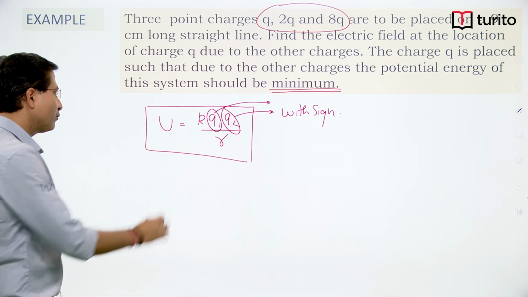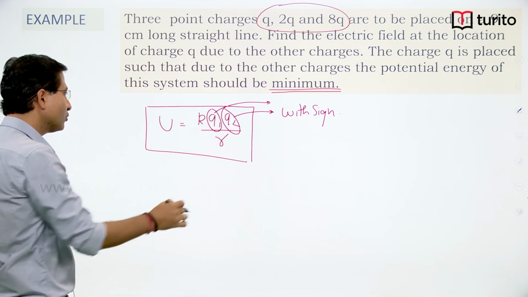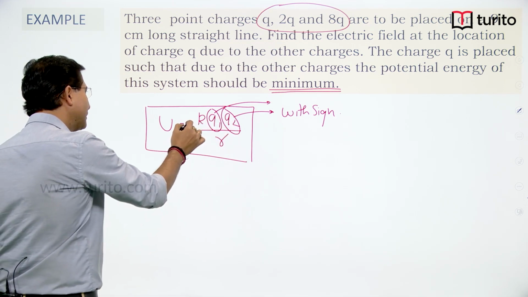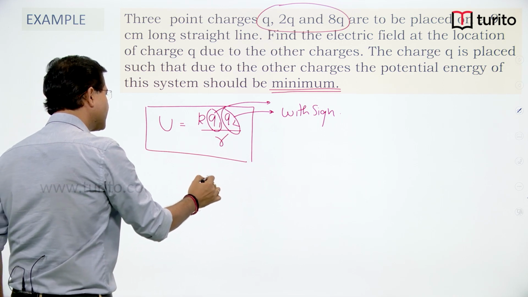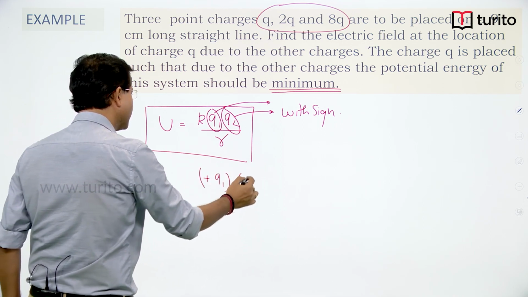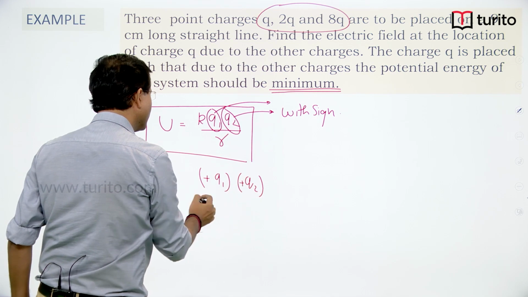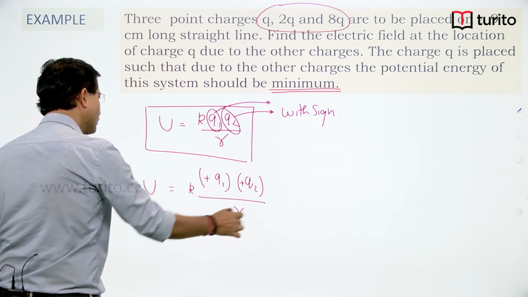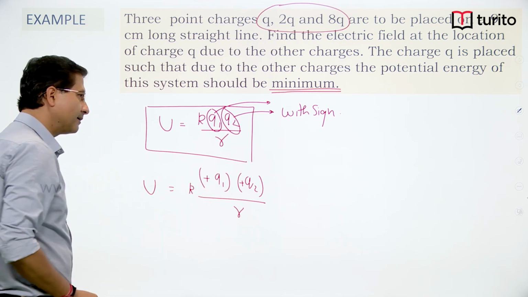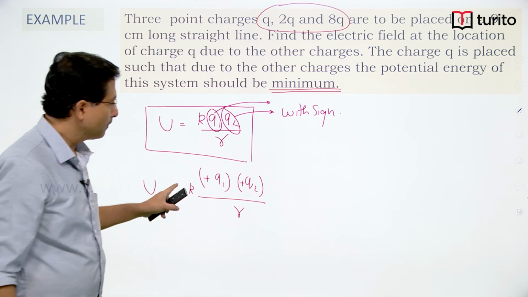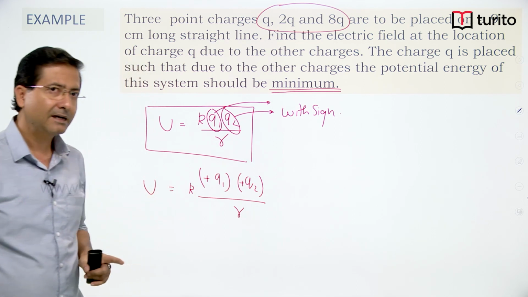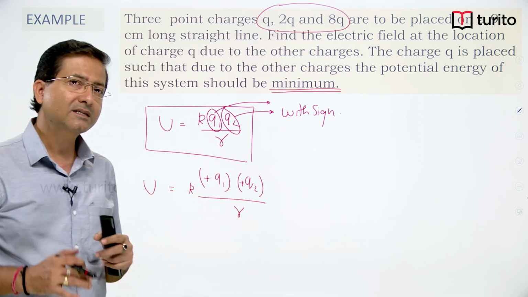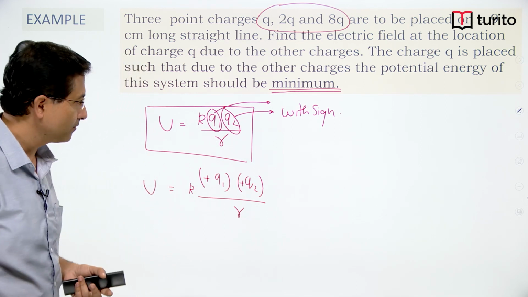If both are positive, then a plus will come; assume that both the charges are positive. So I will write it this way: k times plus Q1 plus Q2 divided by R. This whole expression will be positive. A positive sign says that the force is repulsive.